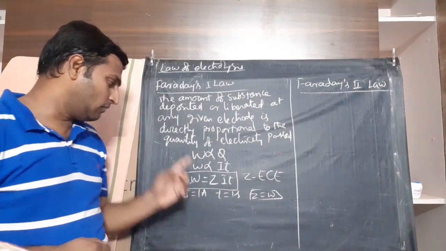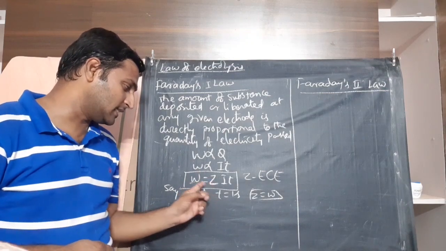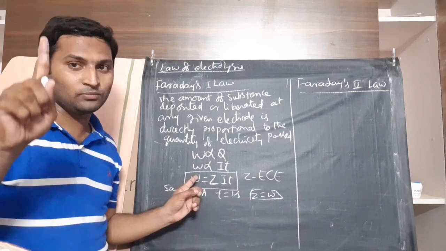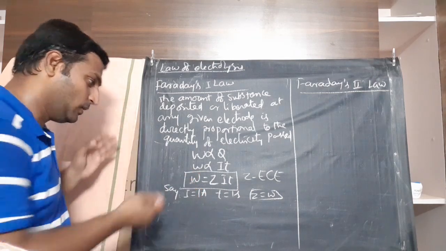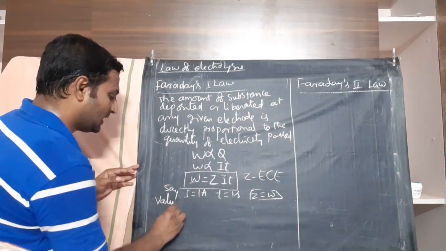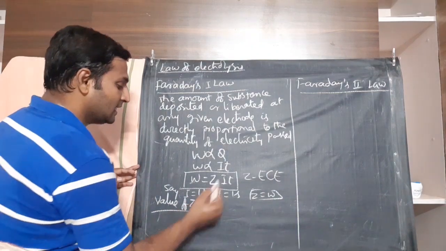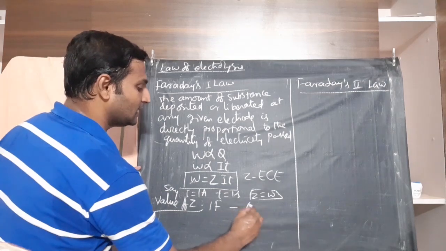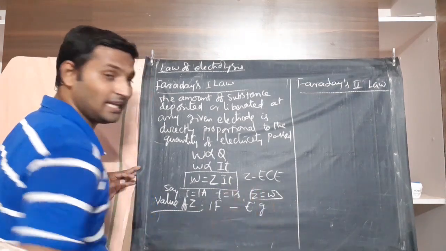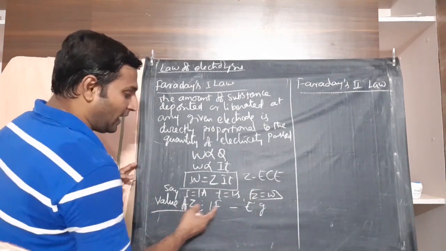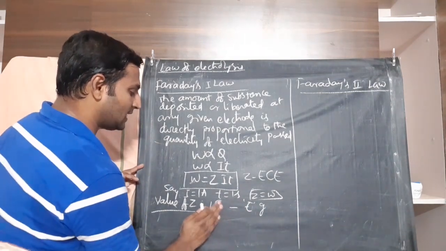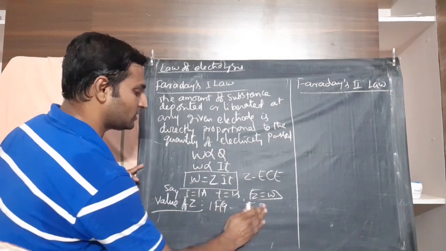So, electrochemical equivalency is the weight of substance deposited when exactly 1 coulomb charge is passed. Now let's understand how to calculate the value of Z. Just now we understood that 1 Faraday deposits or liberates E grams, where E means the equivalent mass. 1 Faraday is 96,500 coulombs, right?